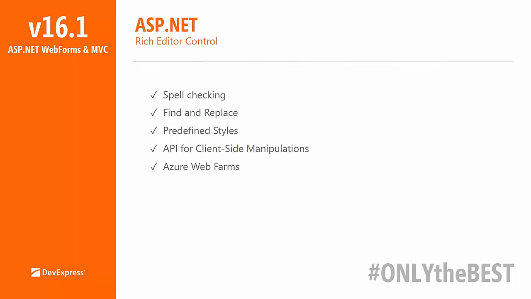Wait a minute. So are you saying that if I ran rich edit on Azure, there were some issues? Well, in most scenarios, you will set up a website on a single instance website in Azure, and that would always just work fine. But for the occasions that you would have like a multi-web server instance, that didn't work on the previous releases, but that we have fixed with 16.1.